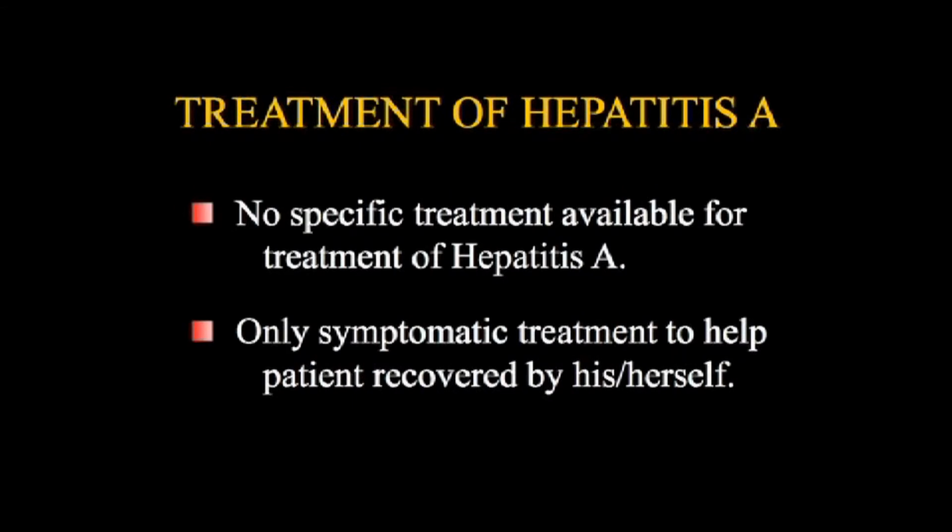Now let's talk about the treatment. How do you treat hepatitis A virus, and can this virus be completely cured? Unfortunately, right now we don't have a treatment for acute hepatitis A. The only thing we can do is to support them, to maintain the nutrition, to give IV fluid to help the body fight back against the virus.